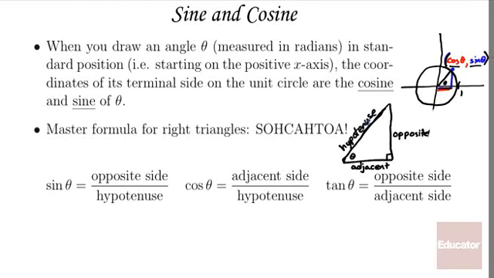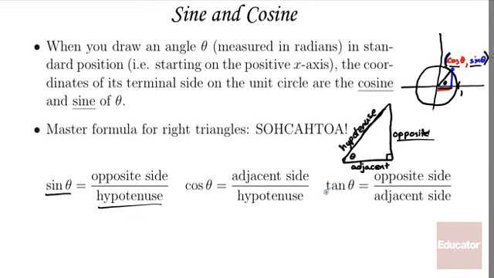And then we have the master formula for right triangles, which is that the sine of theta is equal to the length of the opposite side divided by the hypotenuse. The cosine of theta is equal to the adjacent side divided by the hypotenuse.